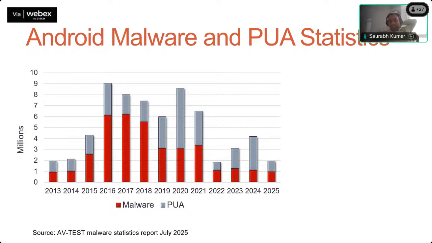So this is a statistic from AV-TEST, and the statistics were collected from July 2025. It contains two types of samples. One is malware, and another is PUAs. PUAs are not actually malware, a kind of malware but not exactly malware. The tendency is that the PUA turns into malware at some future time.